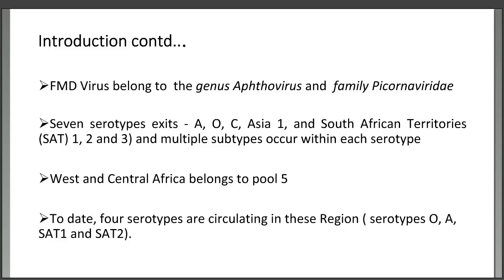Multiple subtypes occur within each of the serotypes. In West and Central Africa, we belong to pool 5 of this particular disease, and to date, we have 4 circulating serotypes within the region.